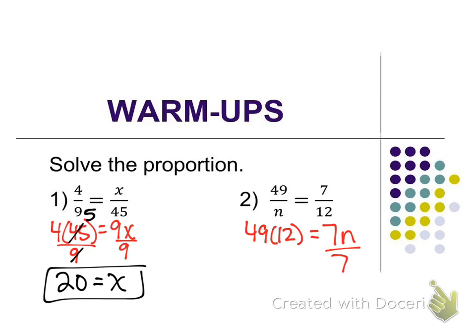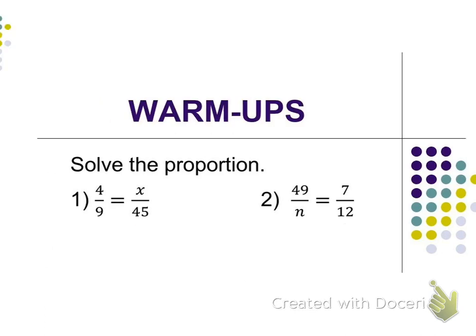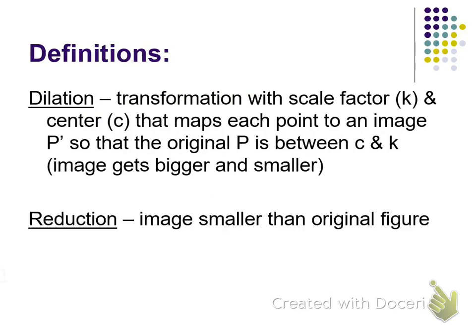When we divide both sides by 7, we could reduce the 49 with the 7, and 7 times 12 gives us the 84. Questions, concerns? We all feel warm and fuzzy about proportions? Okay, our proportions today shouldn't get too much more challenging than these ones, so we should be all right.